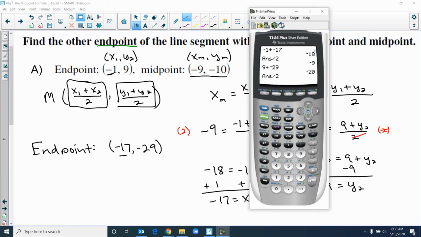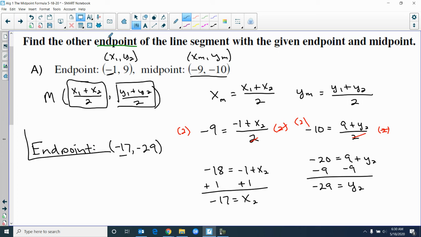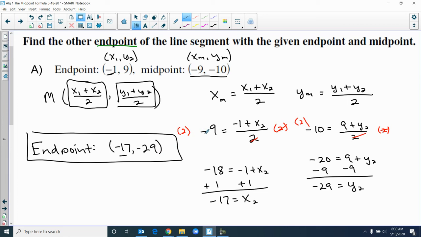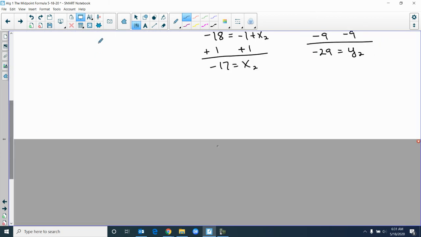Divide that in half, you get negative 10. So you can do a quick check to make sure that this endpoint is correct, and we just checked it, and it is. So we can't take the average of those because we're not looking for the midpoint. We're looking for one of the endpoints.